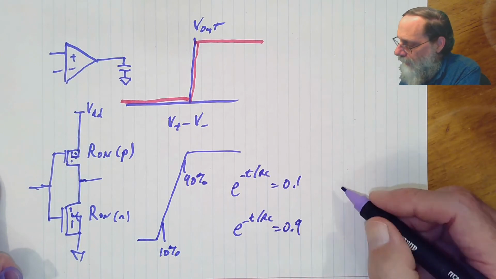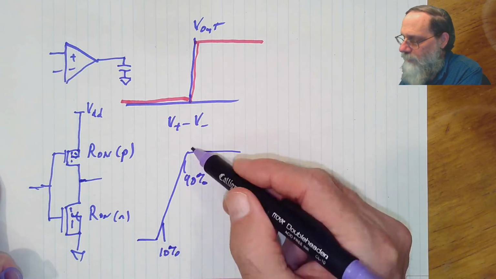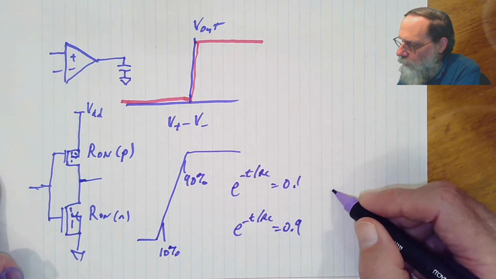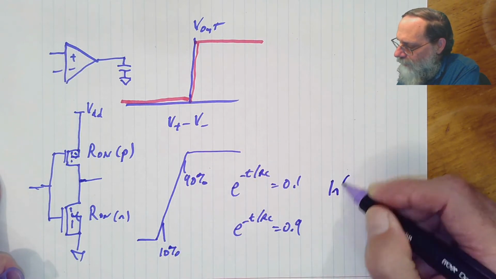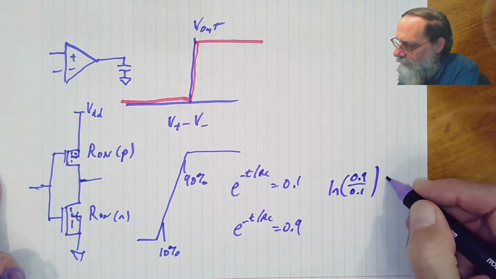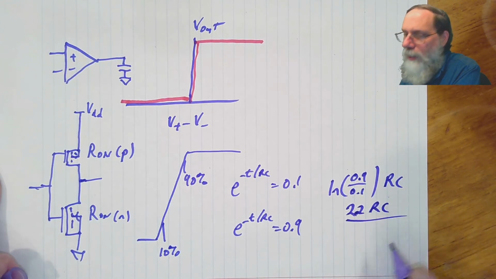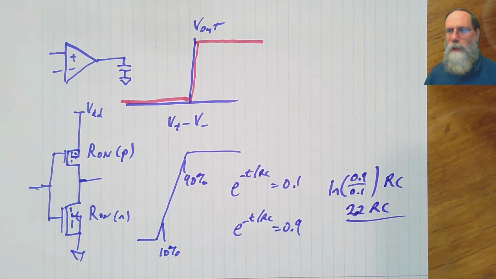This would be a rise time since we're going up. It would be the log of 0.9 over 0.1 times RC, which is about 2.2 RC. So we're proportional to the RC time constant, but the rise time or the fall time is about 2.2 time constants.